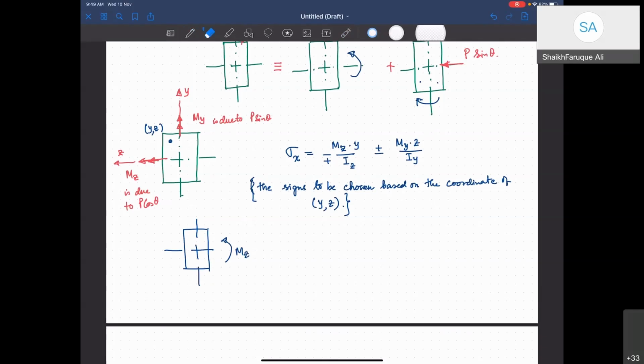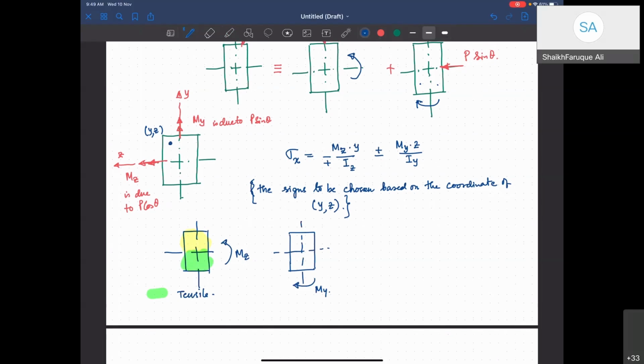So this side is compressive and this side is tensile. And for the other one, the moment is acting this way, right? In that case, you have this side as tensile and that side as compressive.